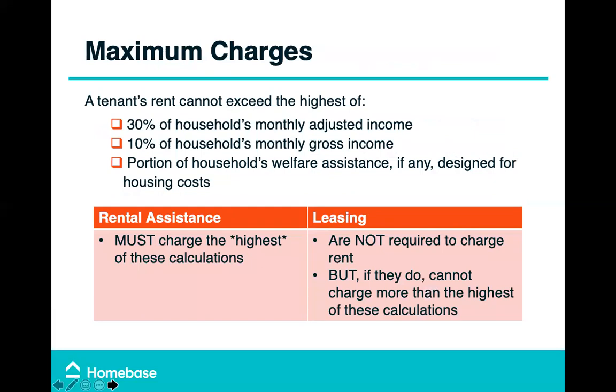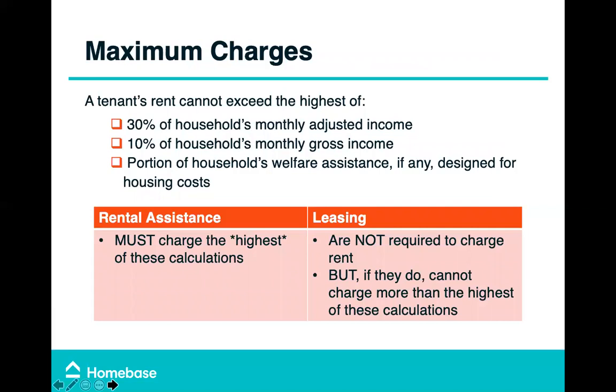Another fundamental thing to know about rent contributions is that there's a cap on how much you can ask of the client. For rental assistance programs providing PSH and transitional housing, the program participants' rent contribution must not exceed 30% of the family's monthly adjusted income, and we'll talk about how to calculate the adjusted income in a moment, 10% of the family's monthly gross income, or the portion of welfare payments specifically designated by the Public Welfare Agency to meet the family's housing costs.